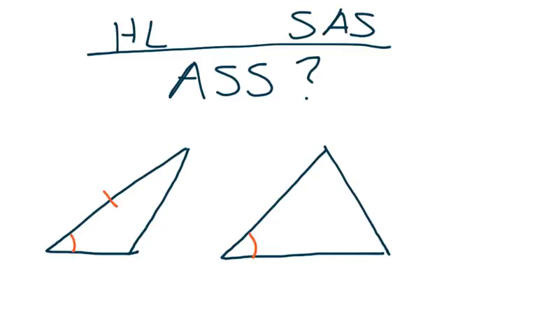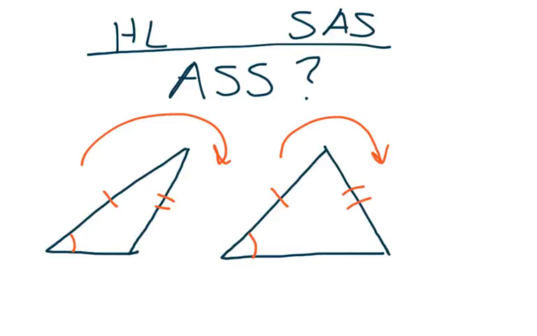These sides are congruent, and then following around in the same direction on each triangle, these two sides are congruent. So congruent means same shape, same size. Here we've got two triangles that are definitely not the same shape, but it does have an angle and then the two sides around that.